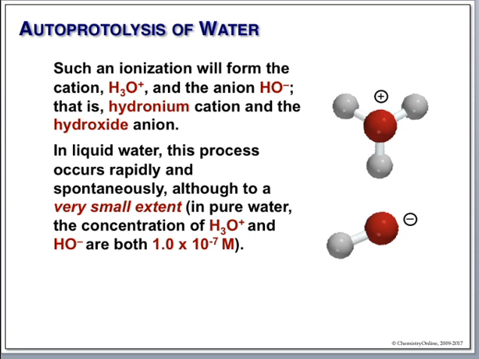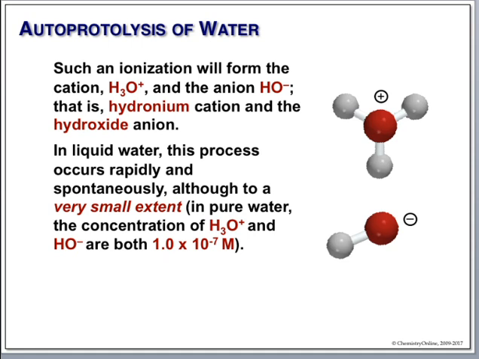H3O plus and hydroxide. This process goes on constantly. That is, we transfer hydrogens back and forth, so that at any instant in time, if you looked at a sample of pure water, there would be 1 times 10 to the minus 7 molar hydronium and hydroxide.